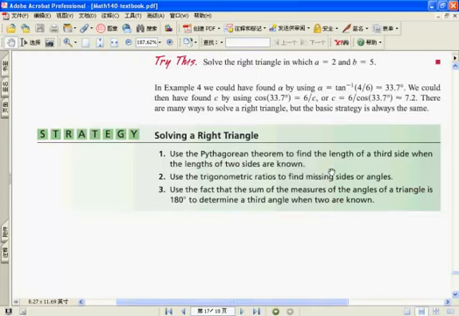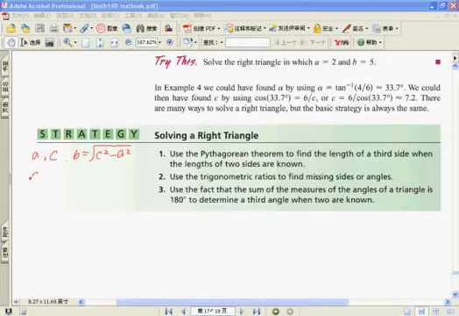For example, if we know A and C, then B is equal to the square root of C squared minus A squared.